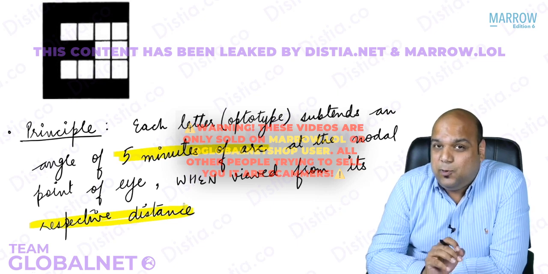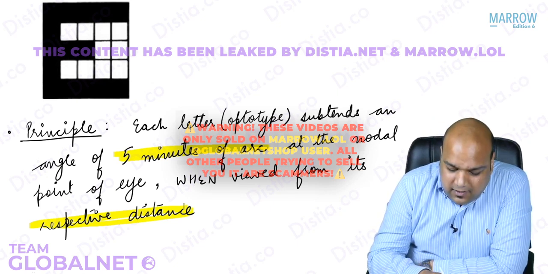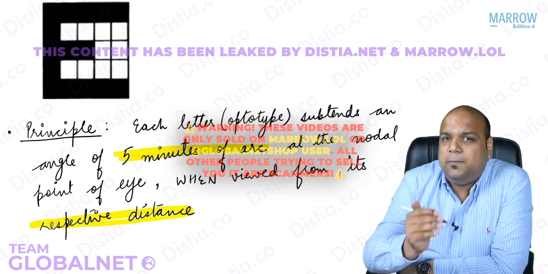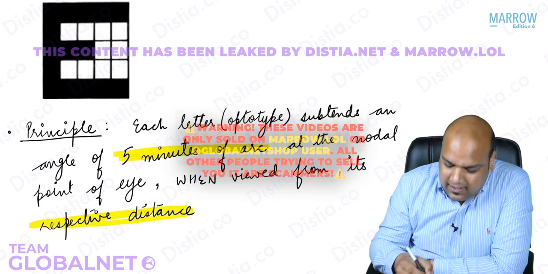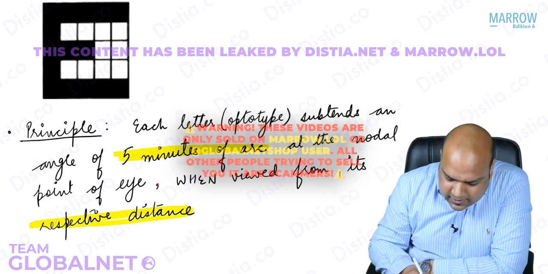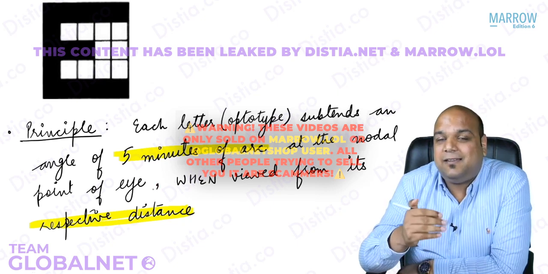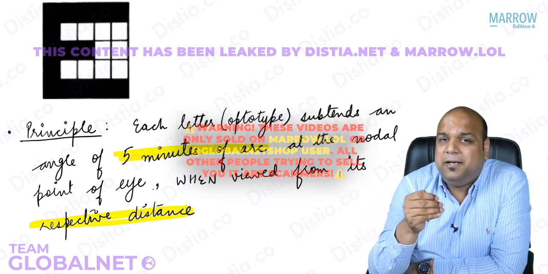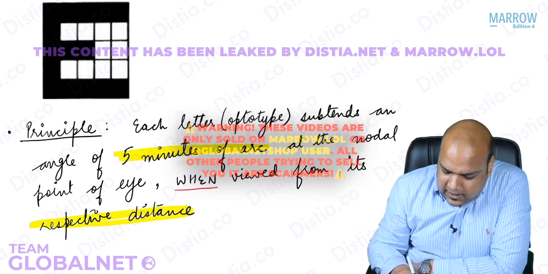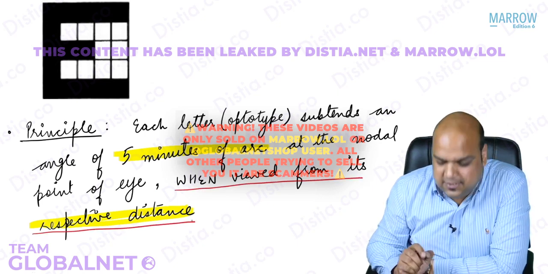See, everybody, there are two parts to this principle. A lot of students do know the principle, but they have just learnt it by rote, and that is why they stop at this point. They say that each letter subtends an angle of 5 minutes of arc at the nodal point of the eye. But that is an incomplete definition, because the very important part is when viewed from its respective distance.